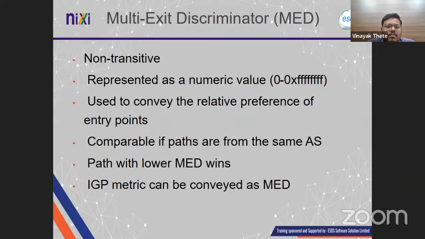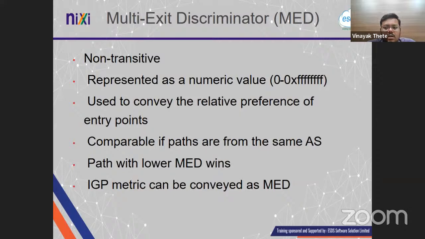So second is the MED value. This is also a carrying attribute for BGP routes. It is the multi-exit discriminator, the MED value, which needs to be configured for the specific route for the exiting path.